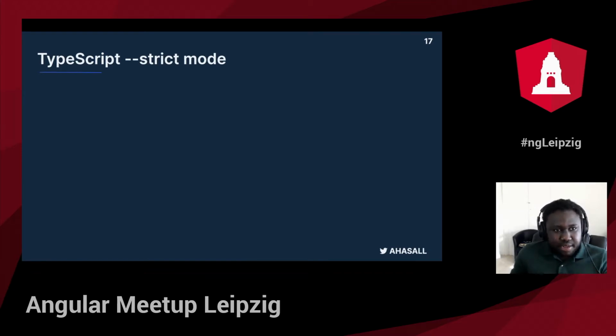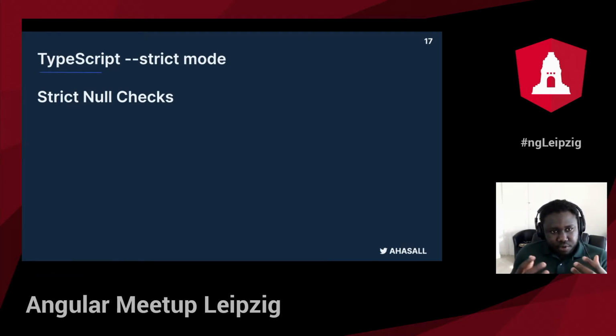And if you enable strict mode in TypeScript, it will enable a lot of strict checks, like strict null checks. What strict null checks does is to dissociate null and undefined from your types. So if you have strict mode enabled, you have to be more careful about your code. For example, you cannot just assume that a variable is not null.